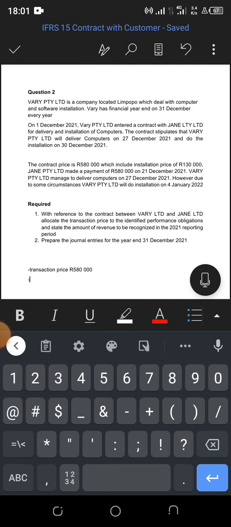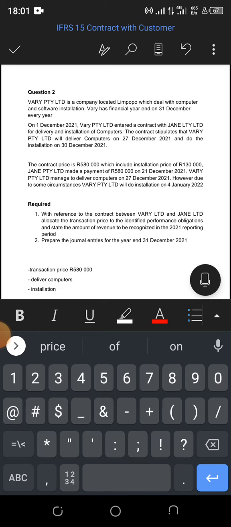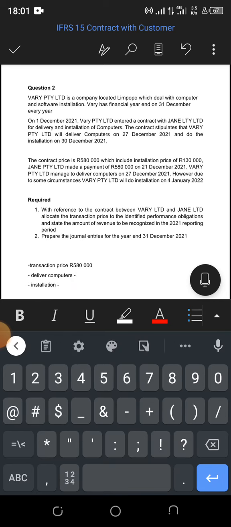Performance obligation number 1 is to deliver computers. Performance obligation number 2 is installation. Then when you explain, you have to write down that the performance obligation is to deliver computers on this date.